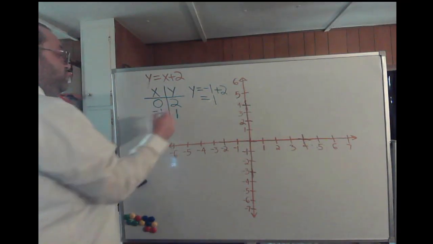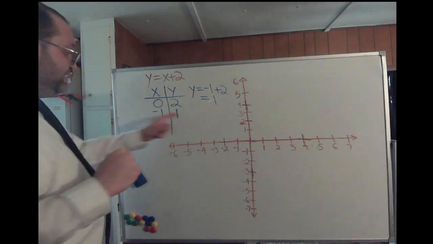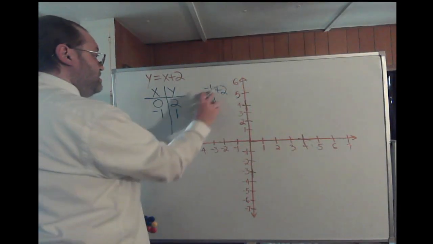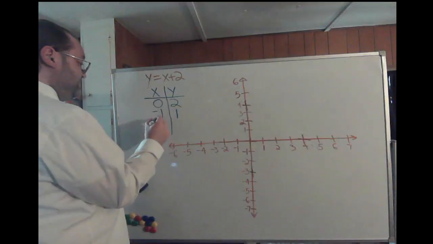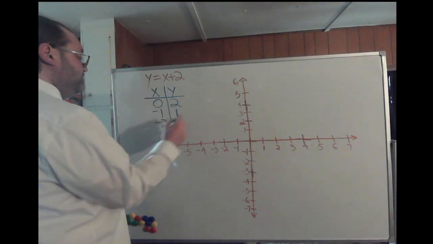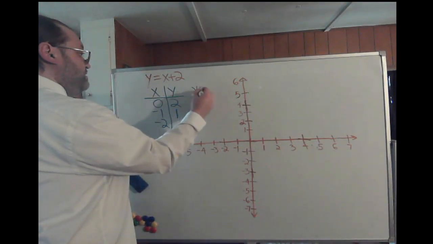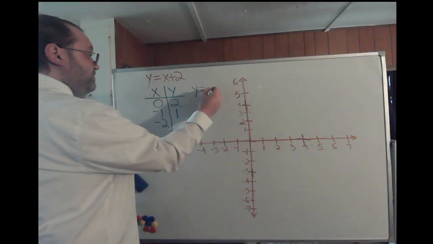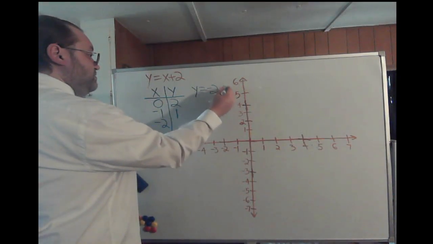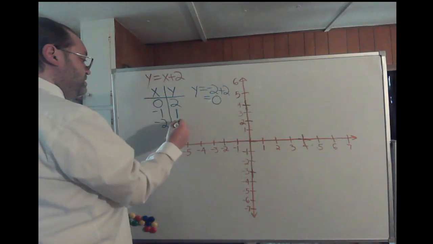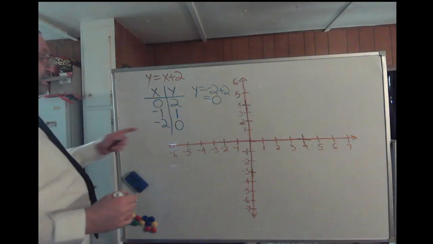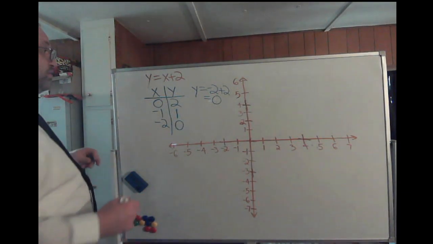So when x is -1, y is +1. Let's do another one here. Let's say x is -2. So we'll do y equals, we'll substitute -2 in for x, -2 plus 2. What is -2 plus 2? That's 0. So when x is -2, y is 0.